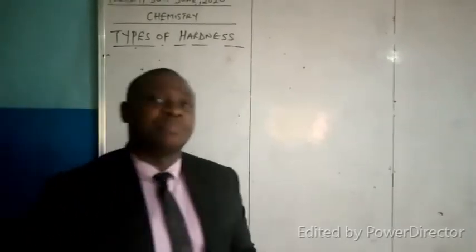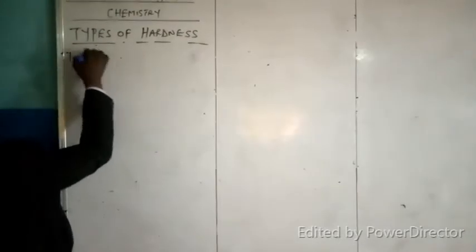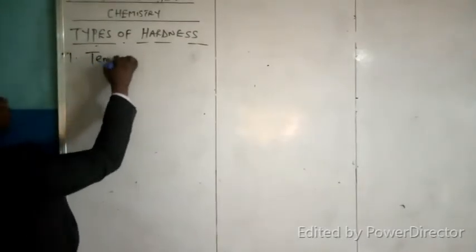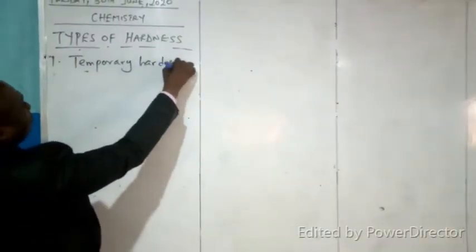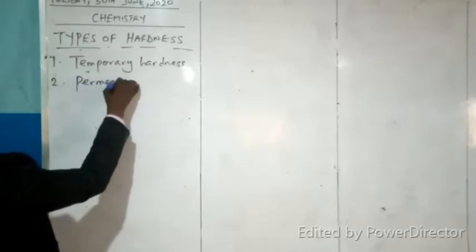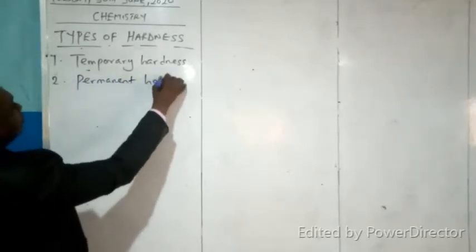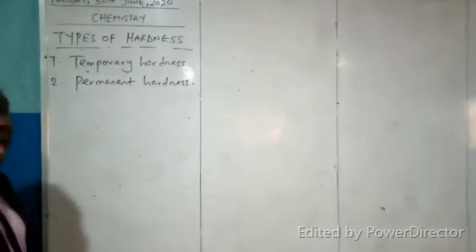We have two types of hardness of water. They are, one, the temporal hardness, two, permanent hardness. So we look at the temporal hardness.